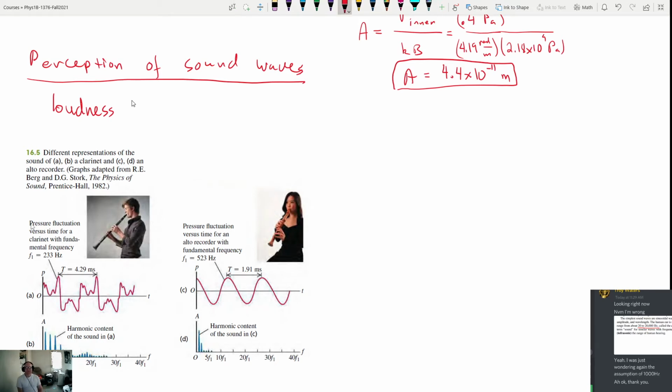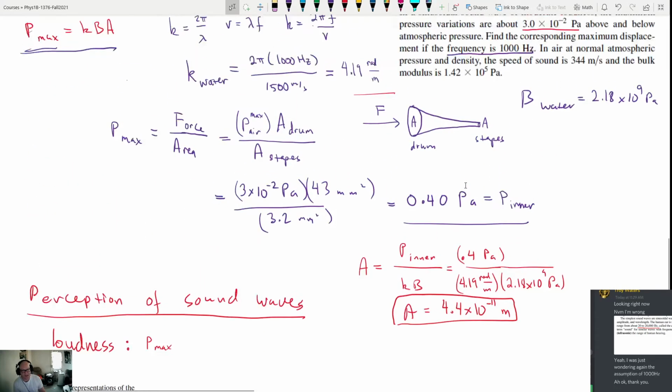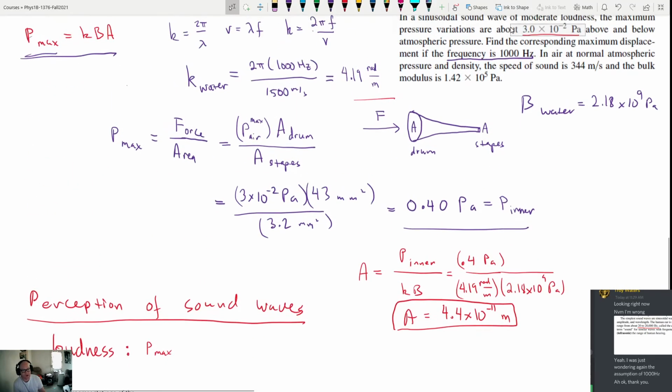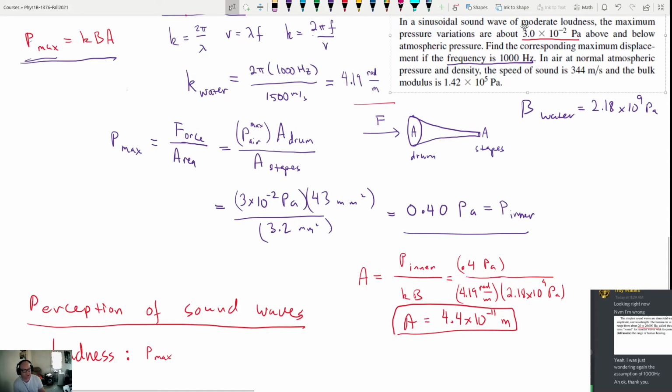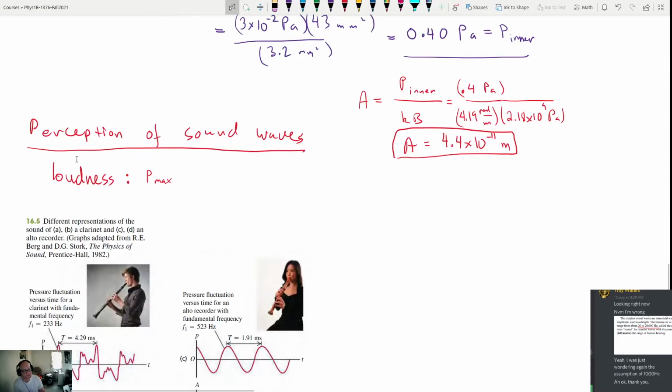Well, the loudness, the amount that we hear, is directly related to that maximum pressure amplitude that we were describing, which then is again related to the displacement amplitude, like what we calculated right here.